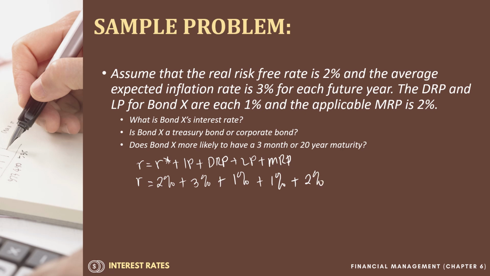So add that up: 2 plus 3 plus 1 plus 1 plus 2, that is 9%. Okay, so the interest rate for bond X is 9%.